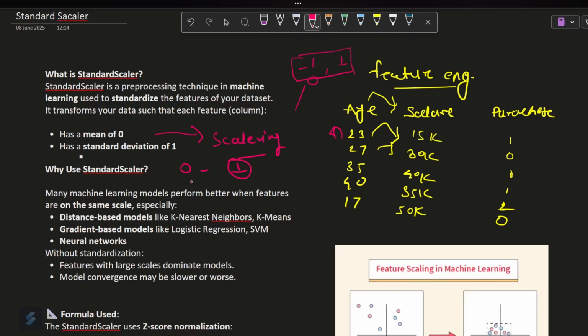That is feature scaling, and there are different ways of scaling the data.